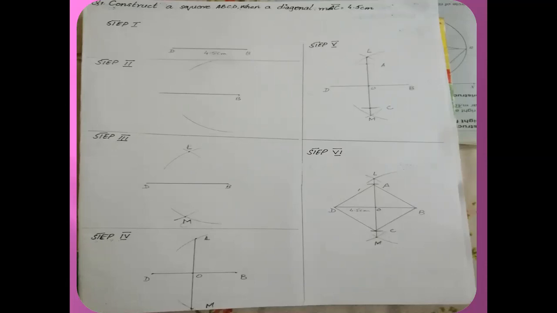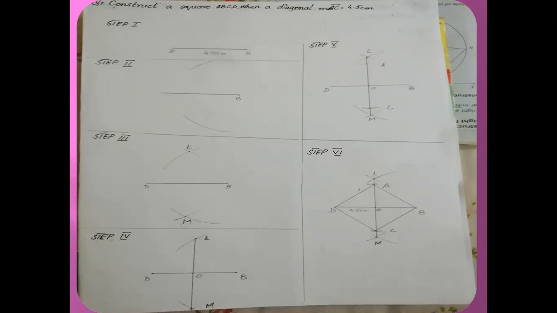Again, I am repeating the steps till step 4. Draw a line segment DB of 4.5 centimeters. Then open your compass more than half of the line, or 3 centimeters. Put your compass on point B and draw arcs upward and downward of the line.